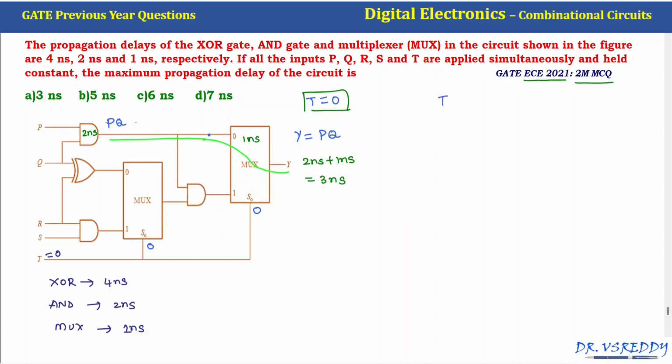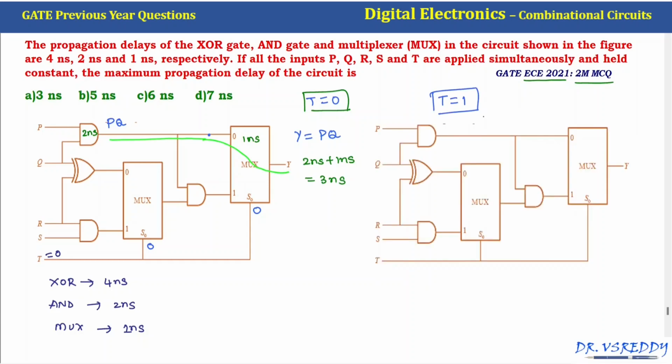Similarly, we need to find the output when T is equal to 1. Let us assume T is equal to 1. The selection line for both muxes is 1. Now Y depends upon this input, the output of this AND gate. One of the inputs of this AND gate is the mux output.